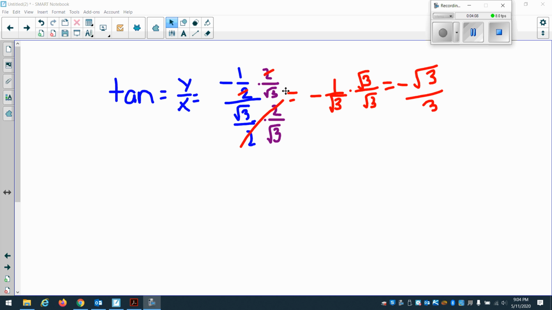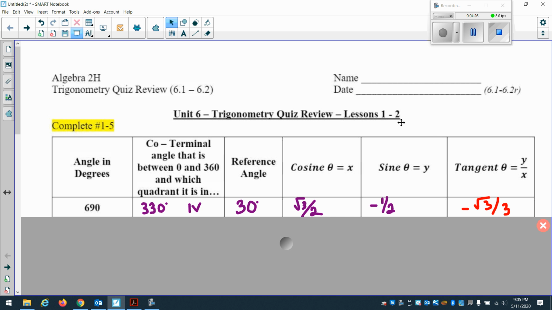Okay, so when all is said and done and simplified, you end up getting negative 1 over root 3. You cannot have a radical in the denominator, so you multiply top and bottom by root 3, ending with negative root 3 over 3. So that's what we get for tangent of 690.